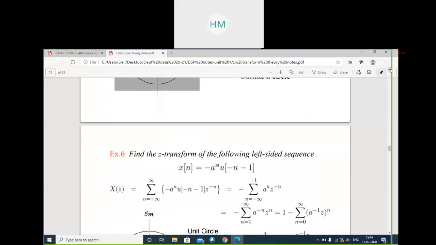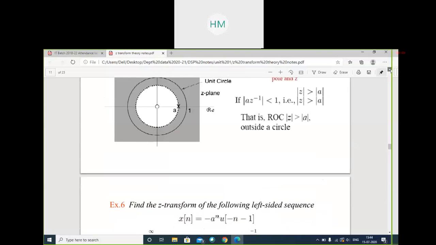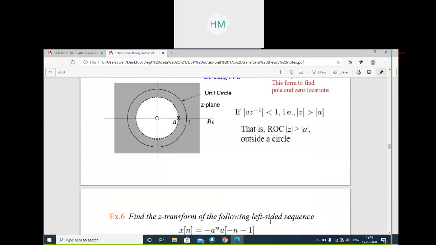Find the Z transform of the following left-sided sequence. A sequence could be right-sided or left-sided or from minus infinity to infinity.